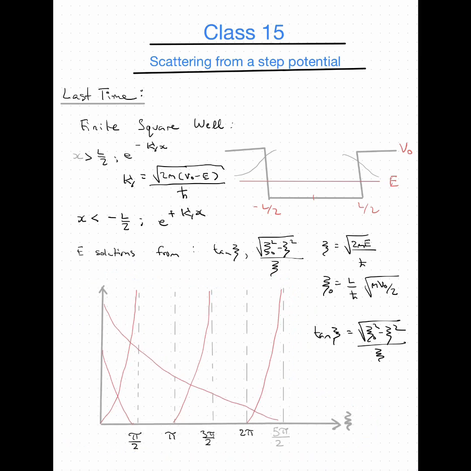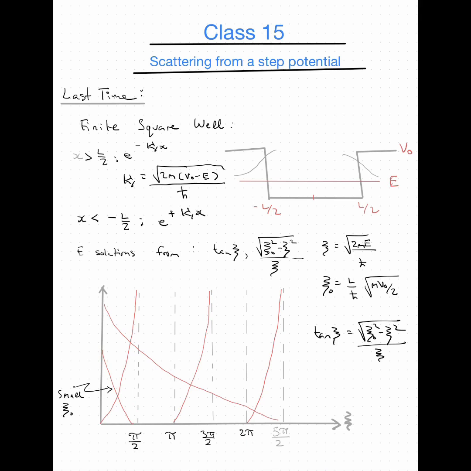So as a function of psi, we plot tan and the square root function, and this is the tan here. You probably recognize that. This is the square root function. And so for small psi naught, you have a curve that looks like this.